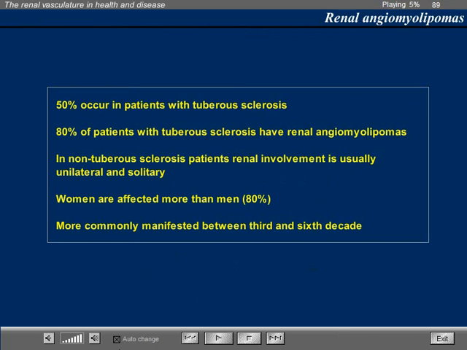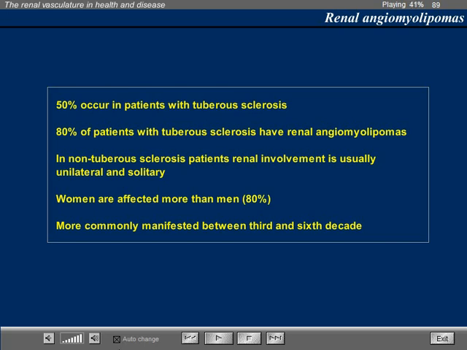50% of renal angiomyolipomas occur in patients with tuberous sclerosis. 80% of patients with tuberous sclerosis have renal angiomyolipoma, being the most common visceral hamartoma in this condition.